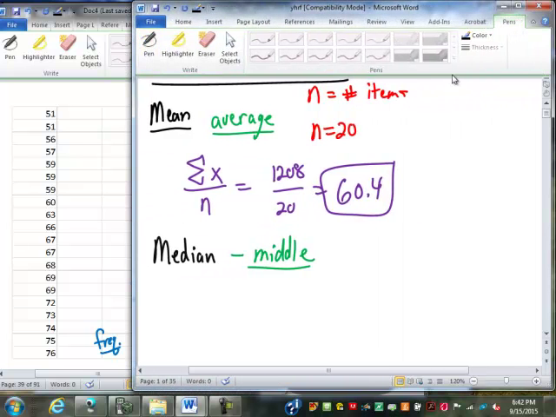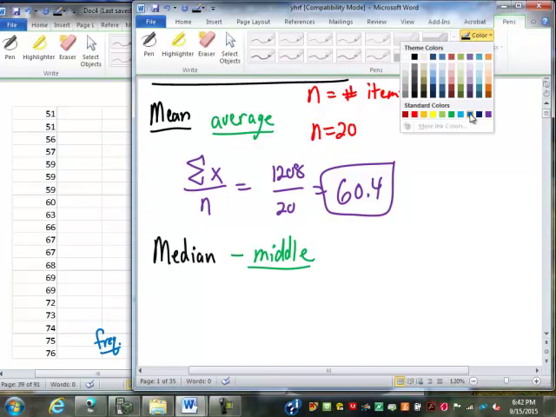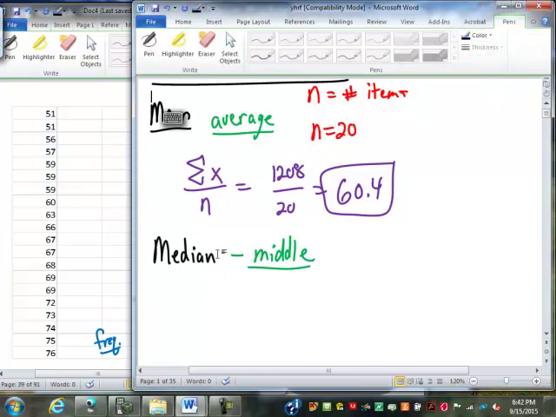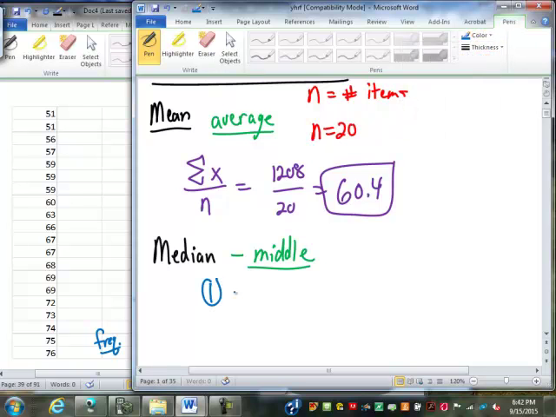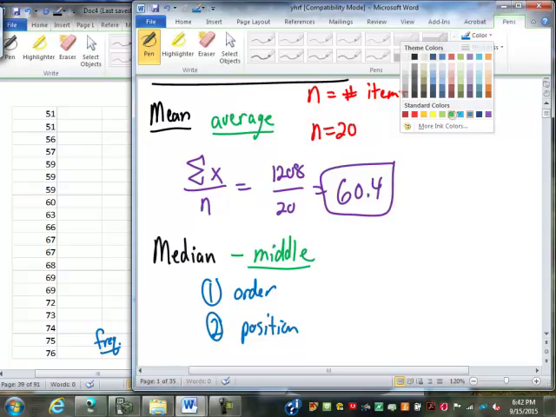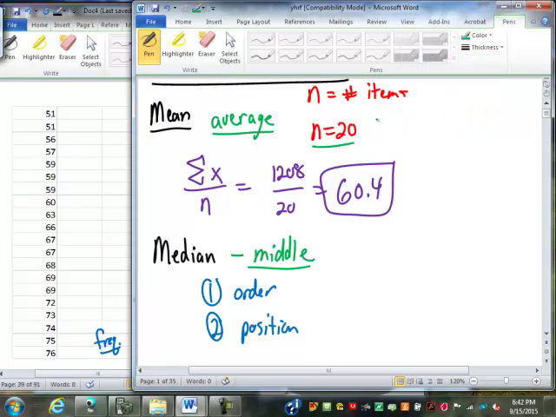Next, I need to find the position of my median. So step one, put in order. Step two, find the position. To do that, I take n, which in this case is 20, times 1/2, or 0.5.